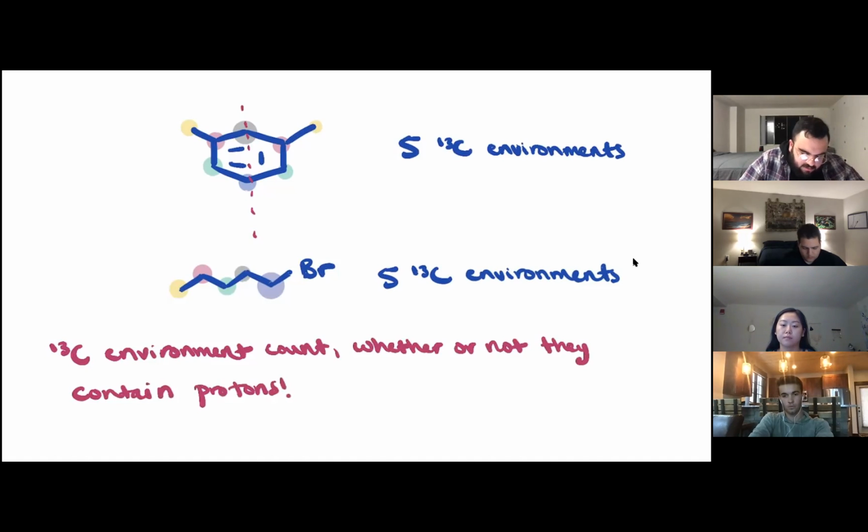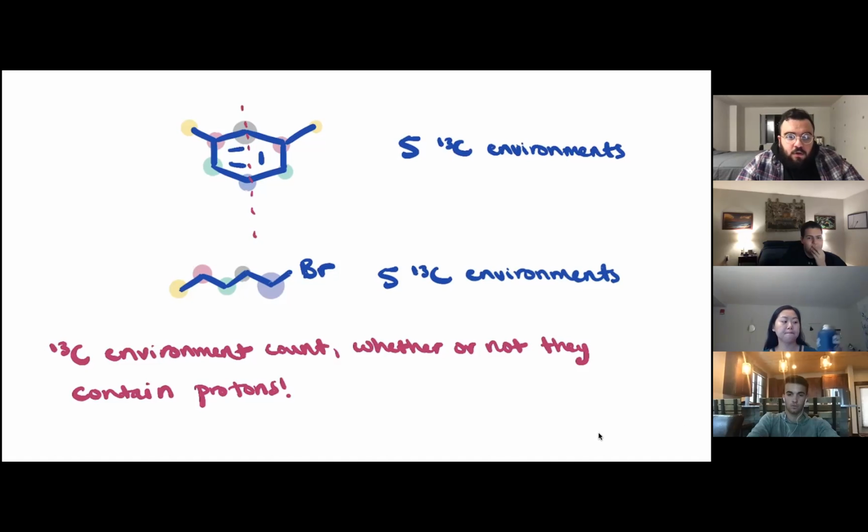So that's pretty much telling you why this red signal over here shows up as a peak, even though there's no proton signal. Now, if we're looking at proton environments, then this over here would not be a proton environment because there are no protons there, but we'll talk about that in a little bit.